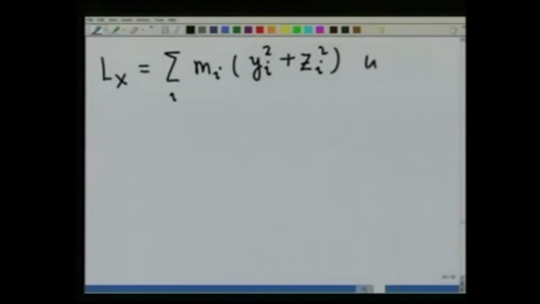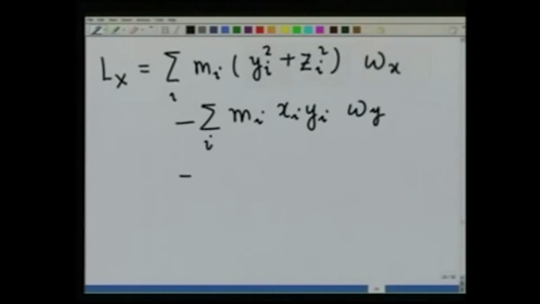So, let us collect these terms and write Lx as summation mi yi square plus zi square times omega x minus summation mi xi yi omega y, and similarly minus summation mi xi zi omega z.